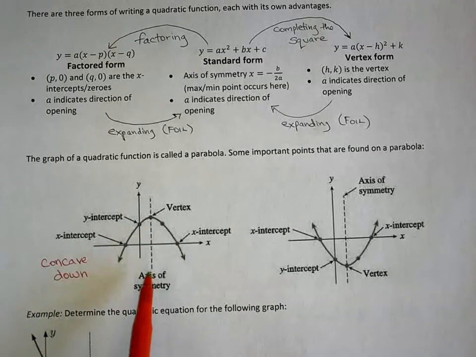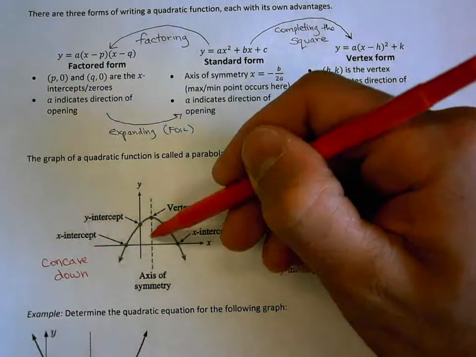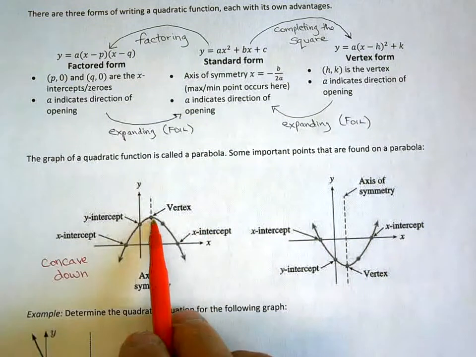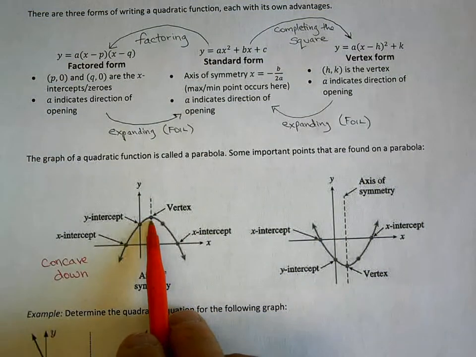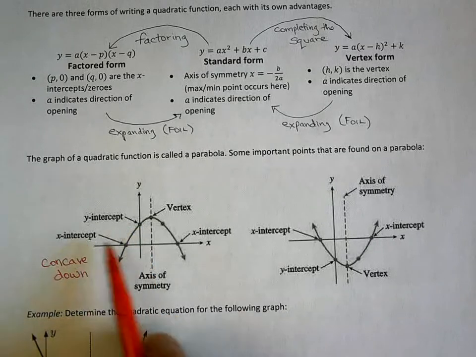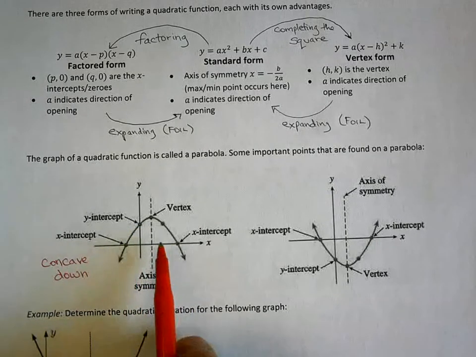Okay, we have our axis of symmetry, so that's the mirror line that reflects the symmetry of the quadratic. We have the vertex, that's the max or min point. We have the y-intercept where we cross the y-axis. We have the x-intercept where we cross the x-axis.